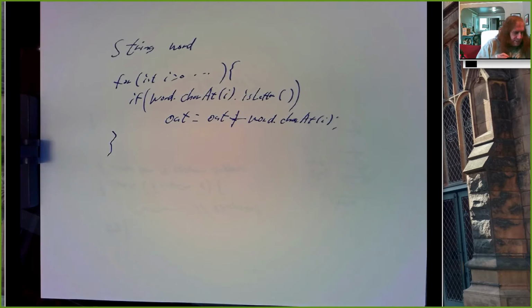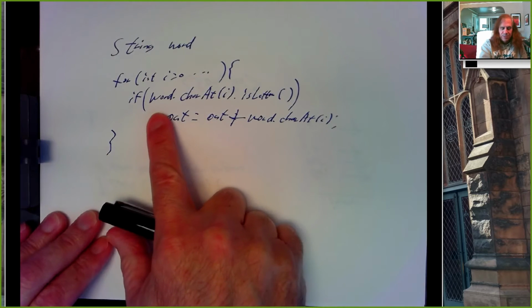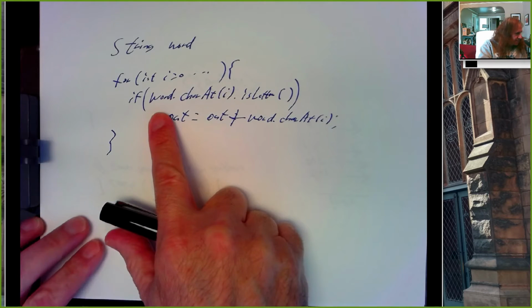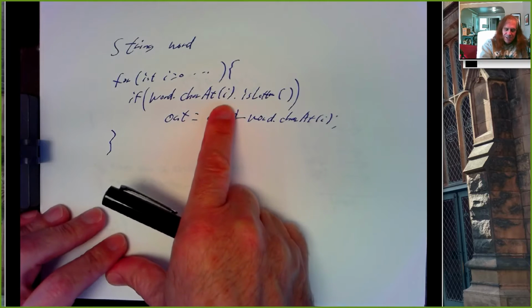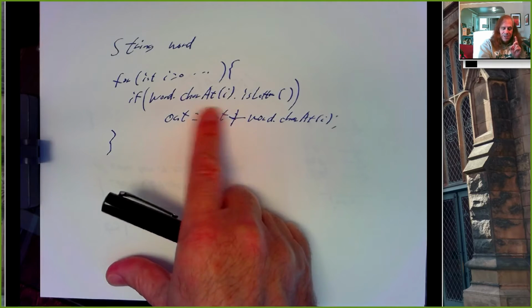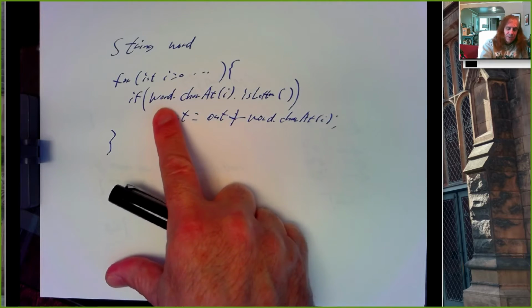So charAt 0 will give the first character in whatever string you're calling it on. So if you say word.charAt(0), that gives you the first character of the word, right?